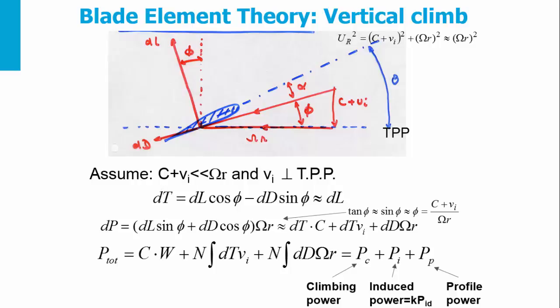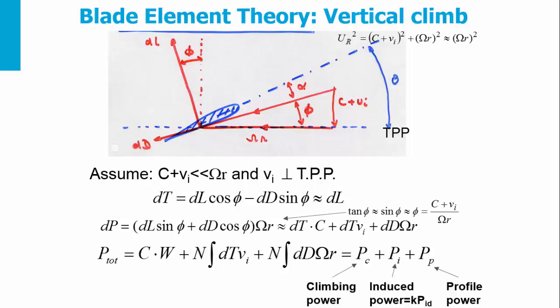Assume that c plus vi is usually much smaller than the rotor tip speed, omega r, and the induced velocity is perpendicular to the tip-path plane. It follows that the thrust force, which is the projection of the forces on the blade element, is also approximately equal to the lift force, exactly like we have demonstrated for hover.